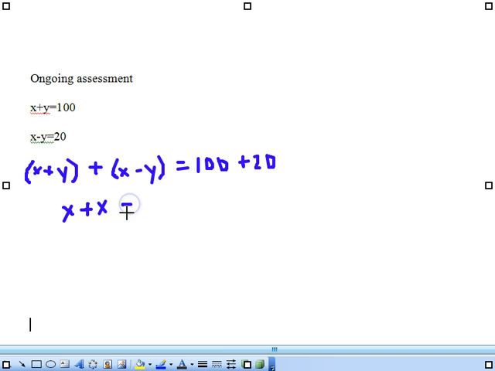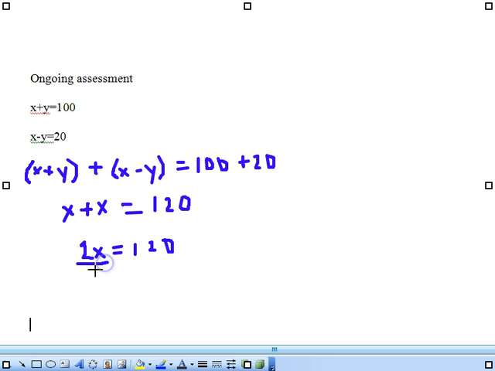And that is equal to 100 plus 20, which we know is 120. Okay, so then you add the two x's together, and you get 2x is equal to 120.